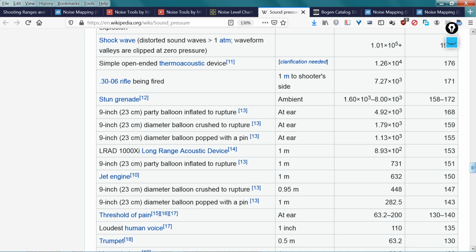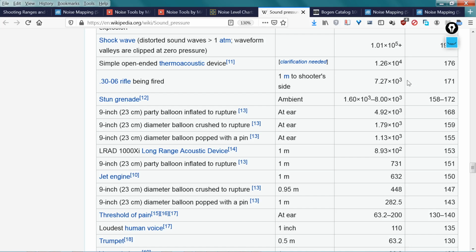All right. Now, in terms of absolute value of pressure, just to give an example, we're going to take a 30-06 rifle being fired, and measure the sound at 1 meter to the right-hand side of him as 171 decibels, or 30 decibels above the threshold of pain.